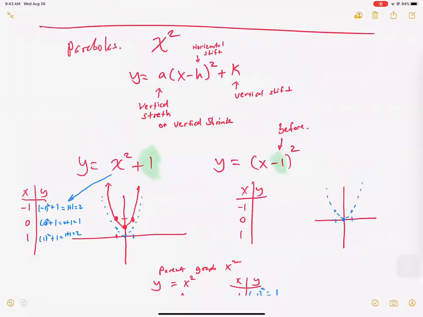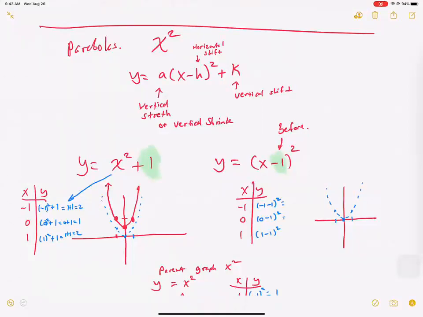And I'm gonna go ahead and plug in the formula x, which is now going to be my first number, -1. It'll be -1 minus 1 squared. 0 minus 1 squared. 1 minus 1 squared.